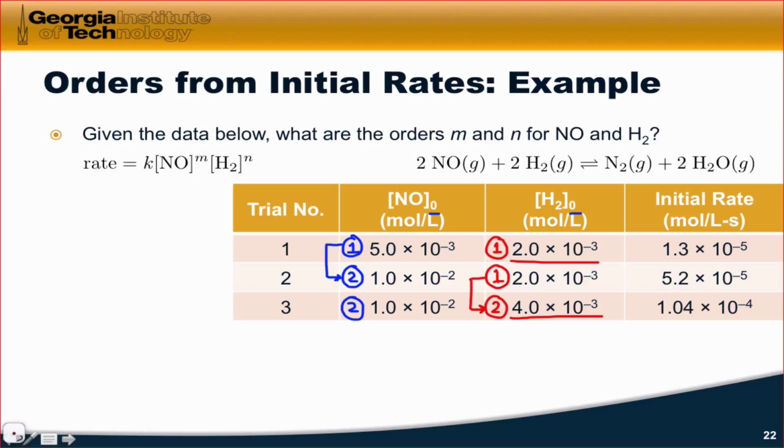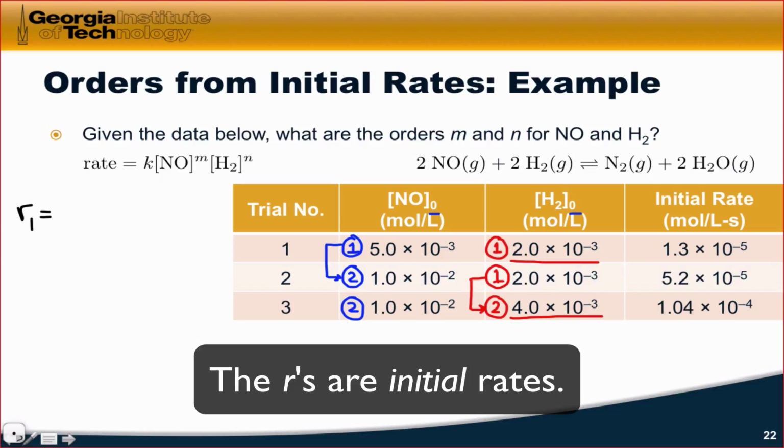Since the rate law must hold for all 3 reactions, we can write the rate law for all 3 reactions using these concentrations. So for example, in trial 1, we can write that the rate R1 is equal to some rate constant, which is going to be the same for all of these since the rate constant does not depend on concentration.